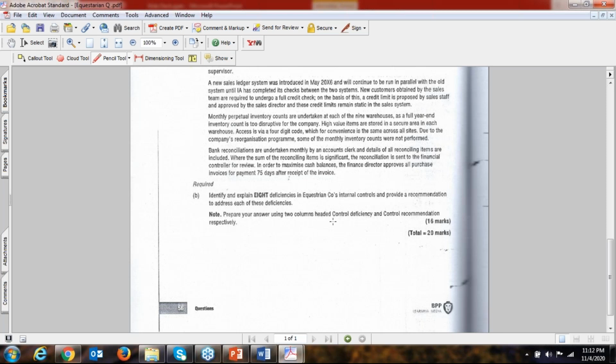And then you will have a section which includes 30 marks, 15 MCQs. So if 10 MCQs are right out of 15, you will get 20 marks from the A section.